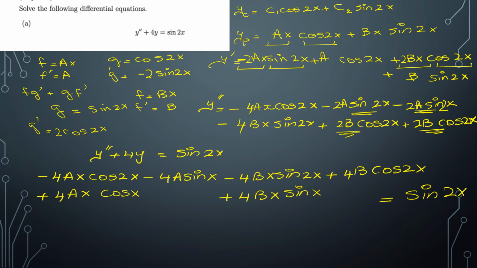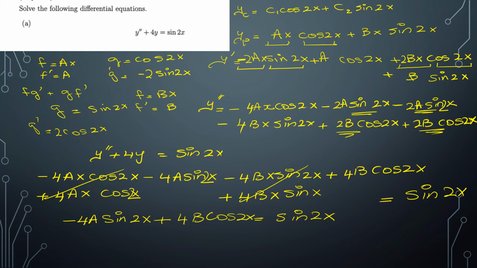So you can see that 4ax cosine 2x and 4ax cosine 2x are both the same with different sign. This cancels and this would also cancel. So now I have been left with minus 4a sine 2x, minus 4a sine 2x plus 4b cosine 2x equals sine 2x.